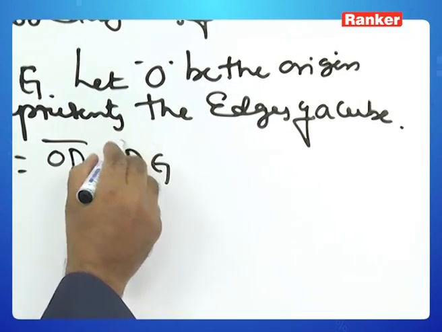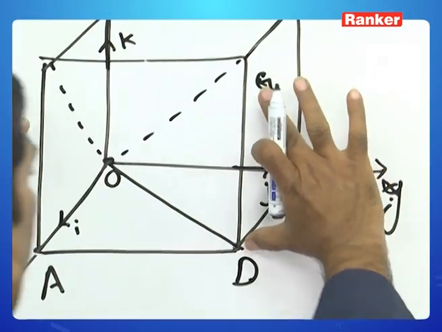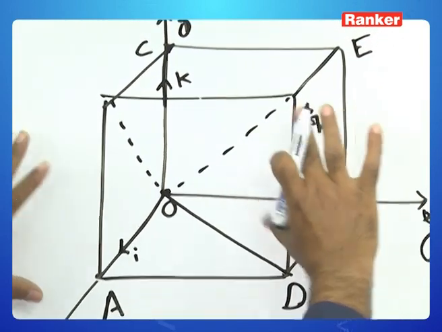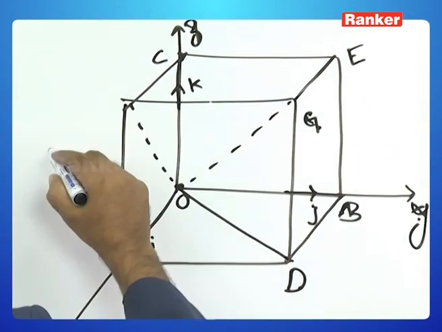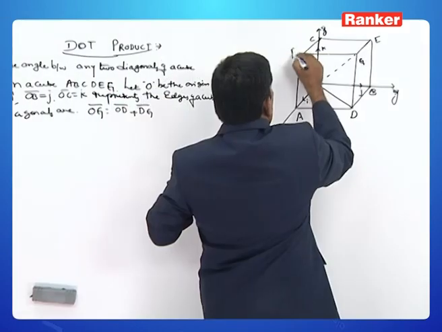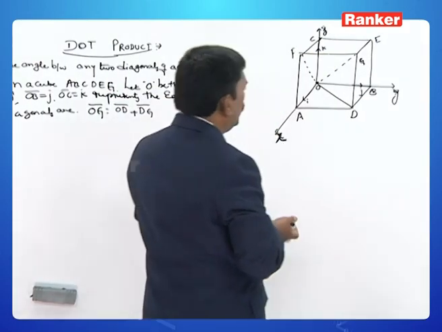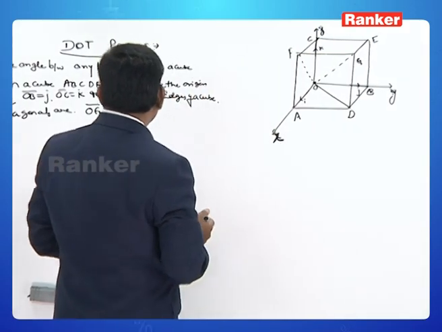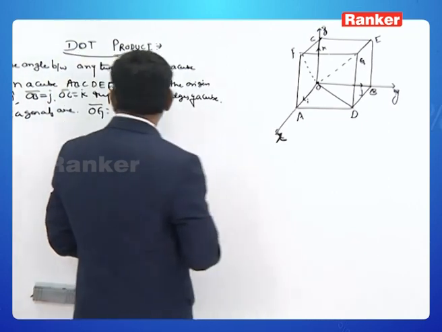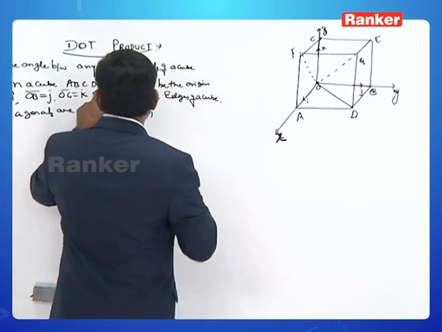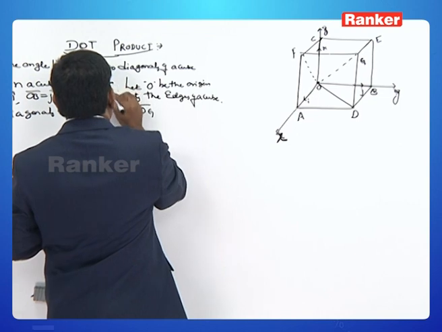So if you want, you can take this one as F also. Coming to this, the cube has vertices A, B, C, D, E, F, G.